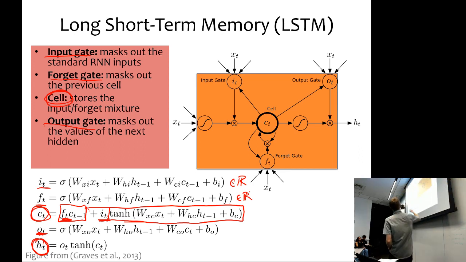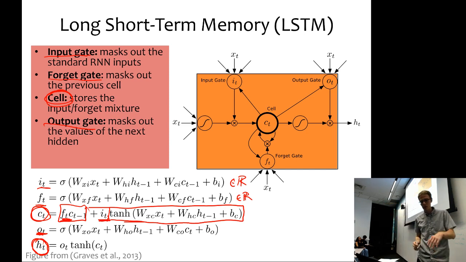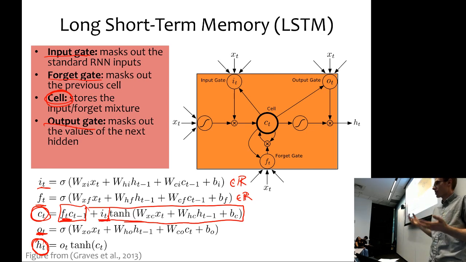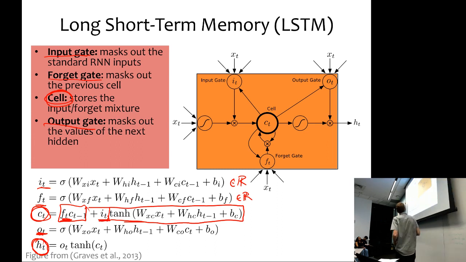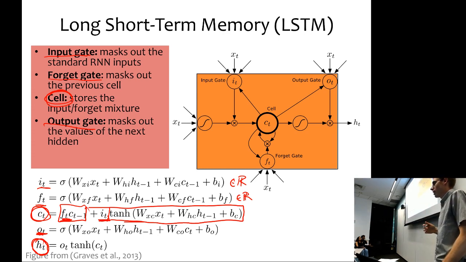So what we're doing is weighting these two vectors, c_{t-1} and the traditional Elman network vector. And the cell is essentially trading off between those. The reason that this can combat the vanishing gradient problem is that the forget gate allows direct information to flow through without any nonlinearity. So it can pass right through that gate without being squashed by some function like tanh or a sigmoid.